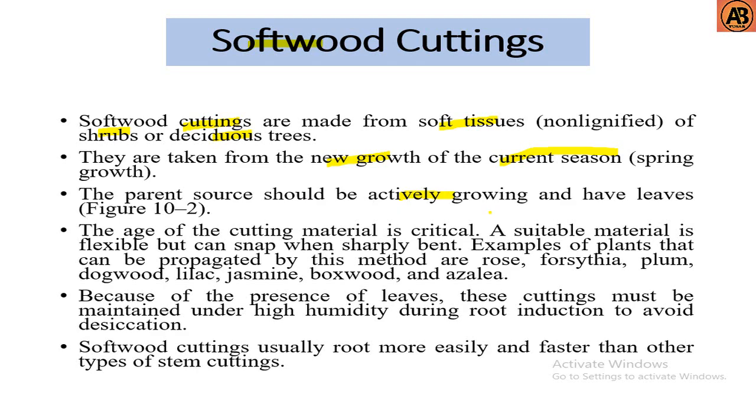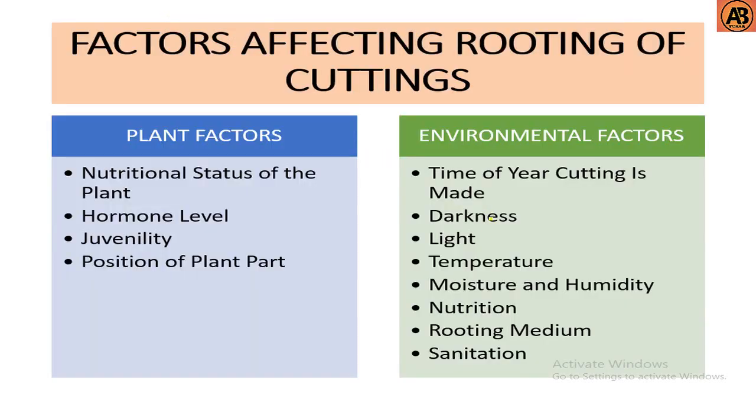Then here are some factors affecting rooting of cuttings. Rooting of cuttings depends on two types of factors: plant factors and environmental factors. Plant factors include nutritional status of the plant, hormone level, juvenility, and position of the plant part.